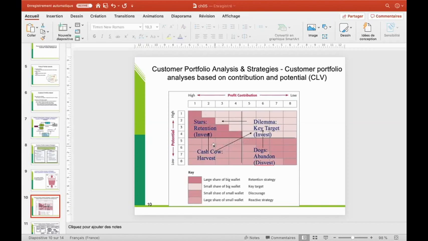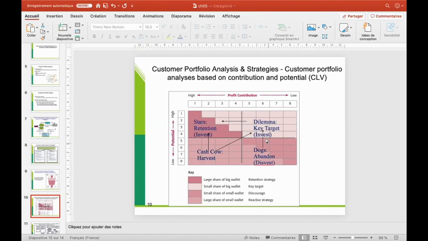So it's a resource allocation in favor of dilemmas and stars. So you won't invest a lot of money into those customers. The idea is to keep them because they bring you profits now, but you cannot develop them more. Therefore, the money they generate should be reinvested into dilemmas and stars.